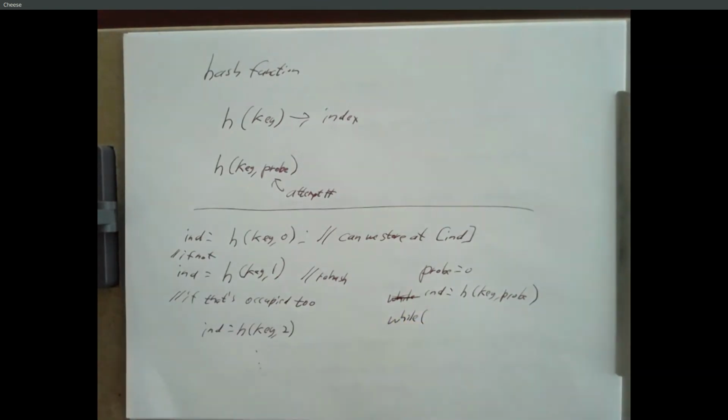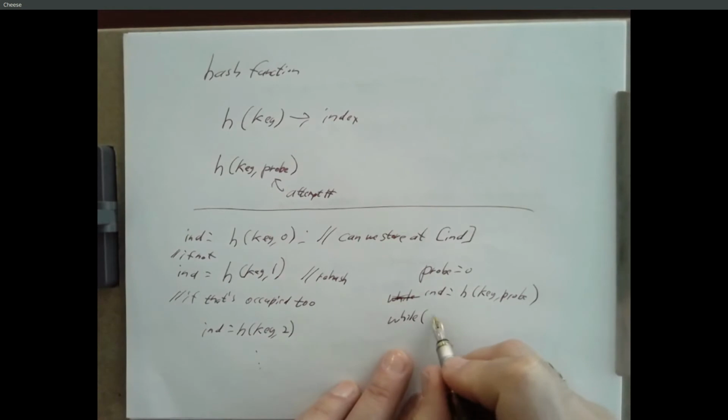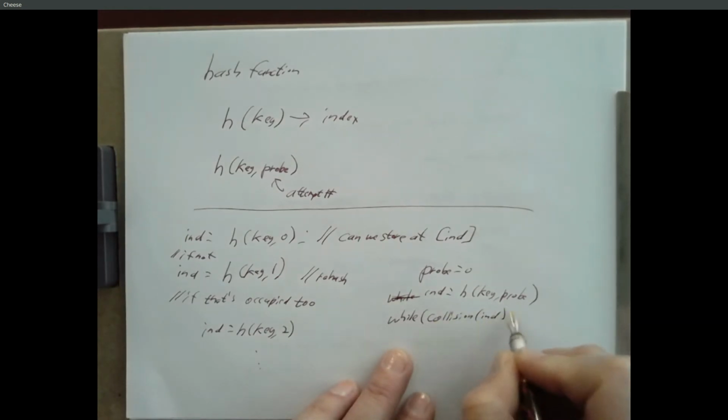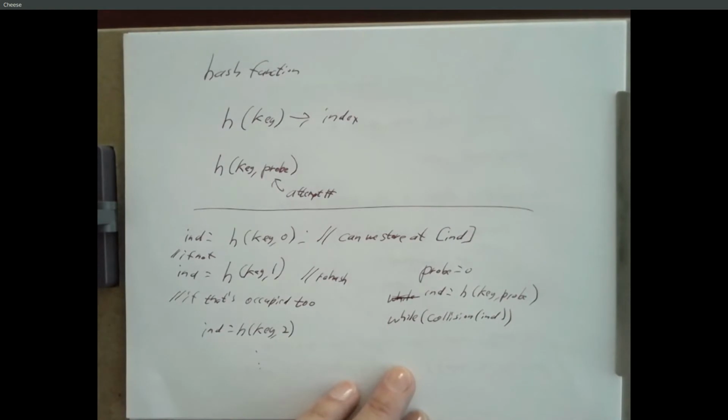And we've got some magic function we wrote called collision, which tells us if that index gives us a collision. So if we get a collision, bump up the probe and rehash.